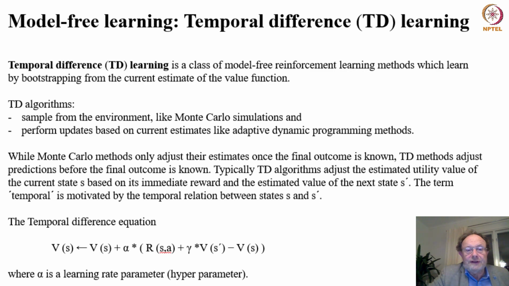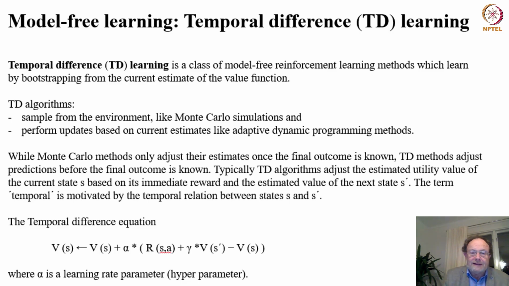This kind of algorithm takes a sample from the environment, like Monte Carlo, and then performs updates based on current estimates, like the adaptive dynamic programming methods. While Monte Carlo methods only adjust the estimate once the final outcome is known, which means you consider the whole episode, the temporal difference method adjusts predictions before the final outcome is known.